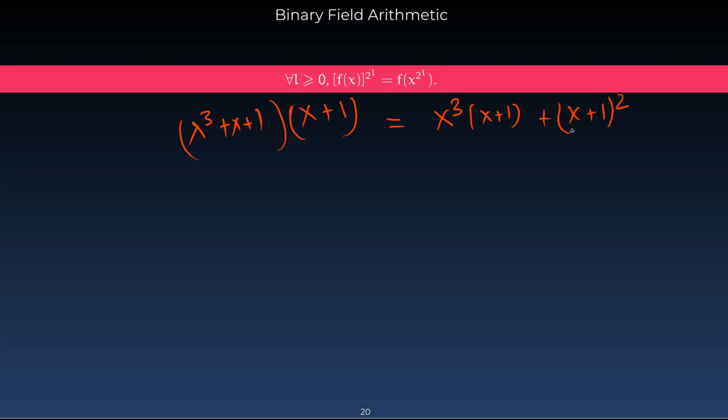We already know what this is going to be. According to our result, this is going to be x square plus 1, and this can be easily done: x to the power 4 plus x cube.